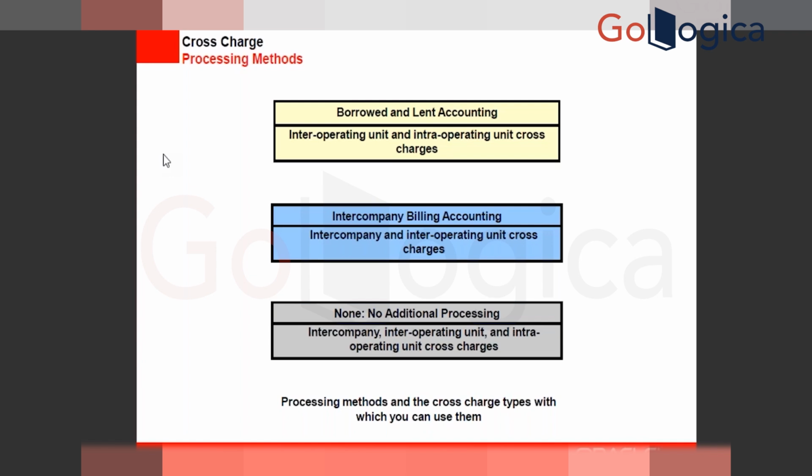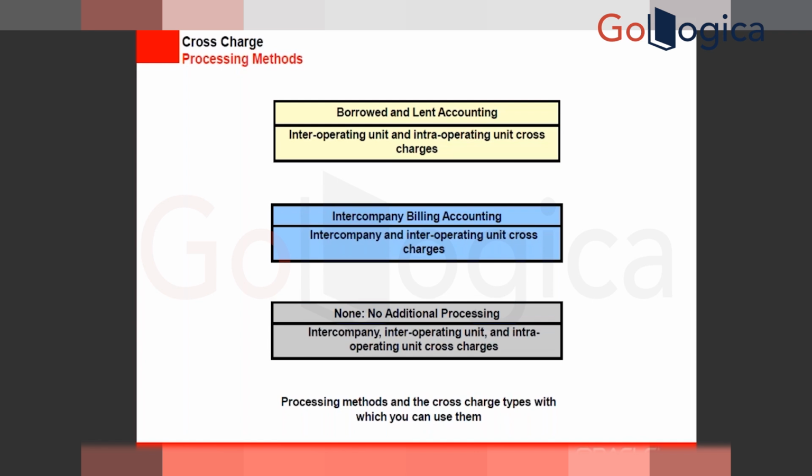If you don't want to go with any cross-charge processing, it will allow that. For intercompany you don't want to process anything, for intra-operating unit you don't want to process anything. You can just simply choose none. Further, it will not create any extra cost for it.